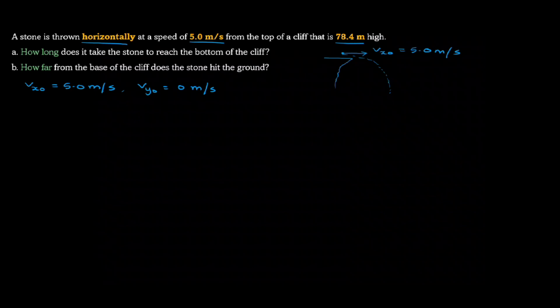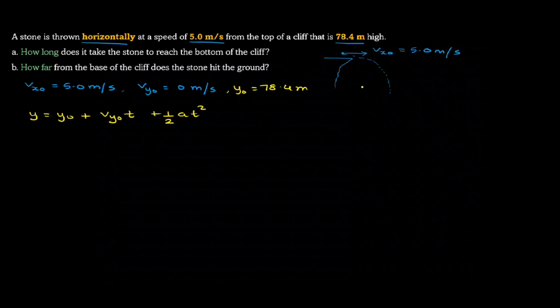We can calculate the distances along y-axis using the equation y equals y0 plus Vy initial t plus half at squared. Now here in a horizontally launched projectile, y0 is the initial height at which the projectile is launched. So for us, that initial height is 78.4 meter, which is the height of the cliff.